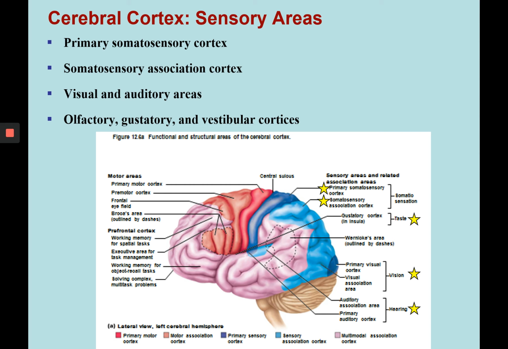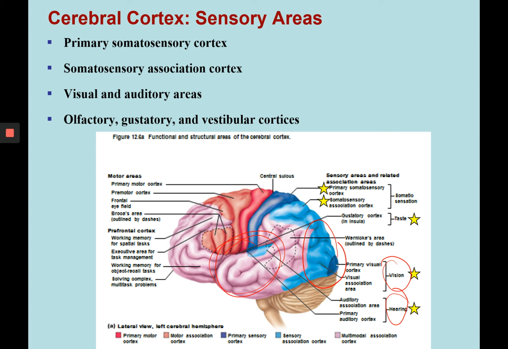And very conveniently, the cortices for hearing are located over here near the temporal lobe or in the insula, so kind of over near where you think your ears would be. Also for vision, we find those cortices located in the occipital lobe, so you could remember the phrase, someone has eyes in the back of their head.